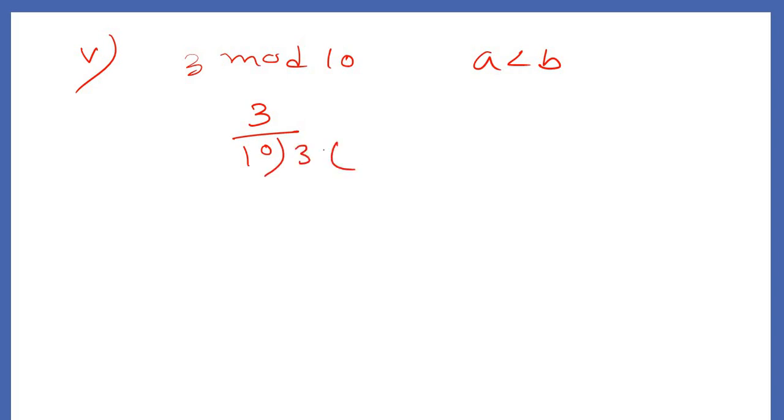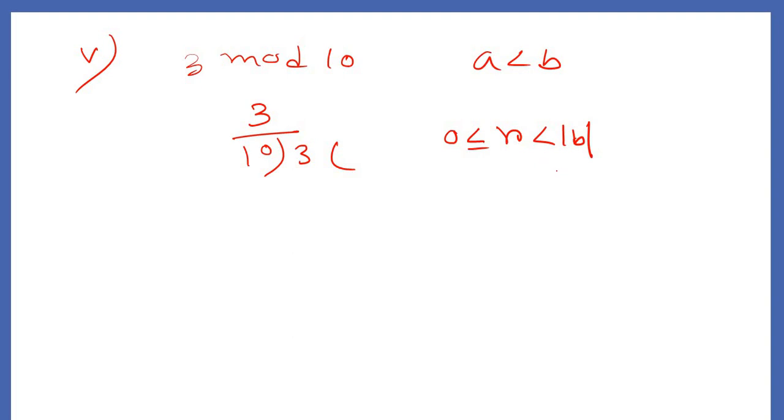Now when you divide 3 by 10, one thing we have to remember is the range of the remainder. What is the range of remainder? 0 less than or equal to r less than mod b. That means the remainder is either 0 or greater than 0, and it is less than the modulus of b. B means the divisor.